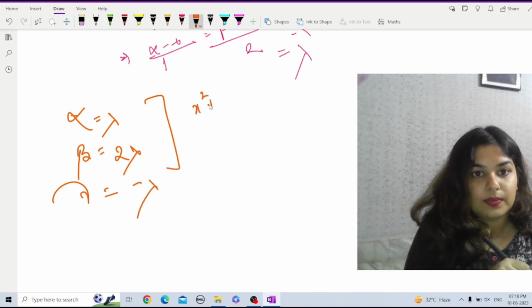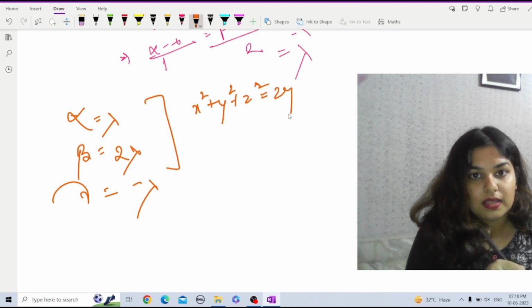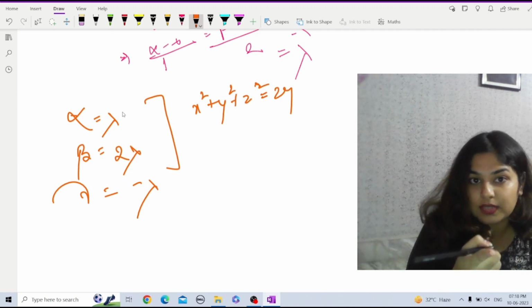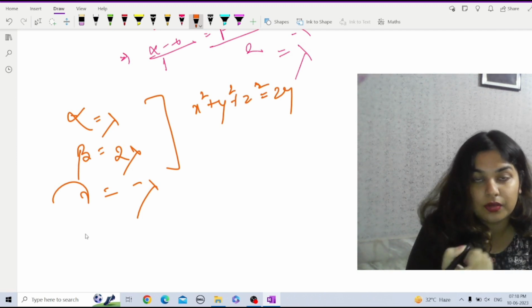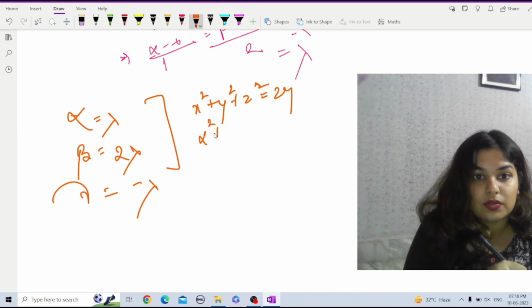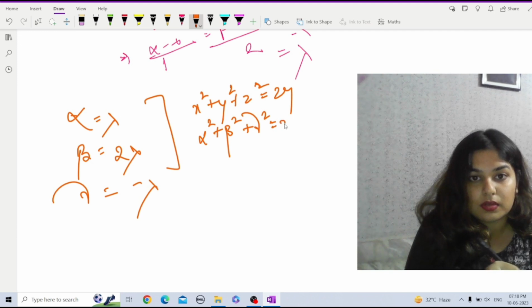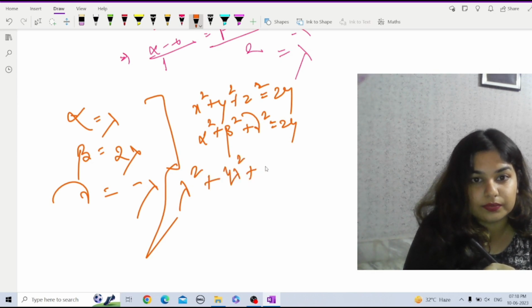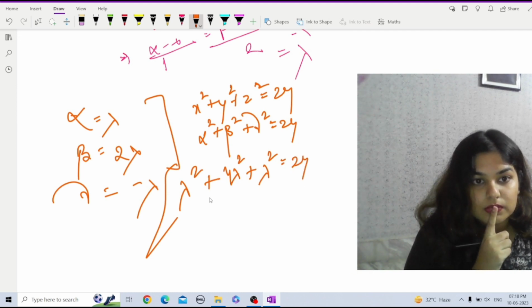Now what do we have? We have x square plus y square plus z square equals 24. That is the equation of the sphere. Any point on the sphere should satisfy this, and alpha, beta, gamma is a point on the sphere. So alpha square plus beta square plus gamma square equals 24. Let's put the values: lambda square plus 4 lambda square plus lambda square equals 24.